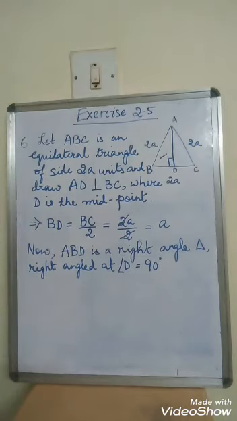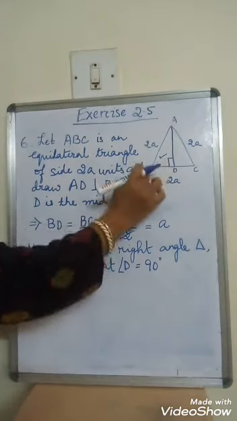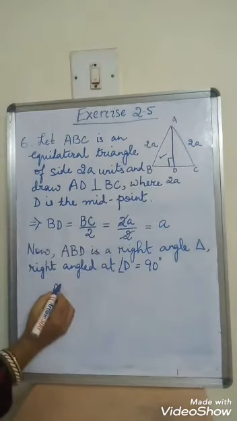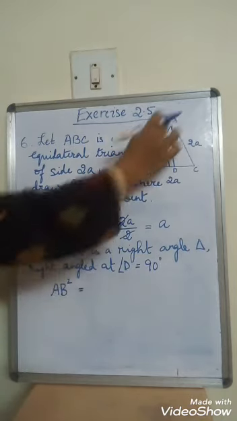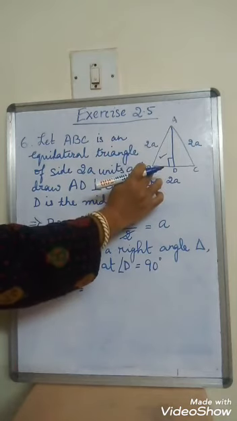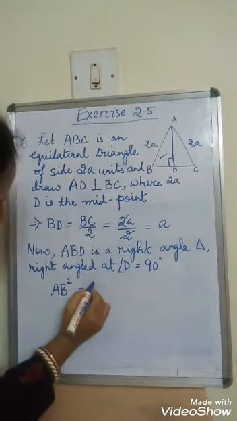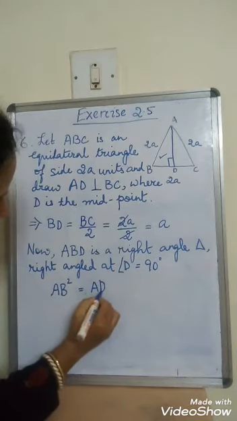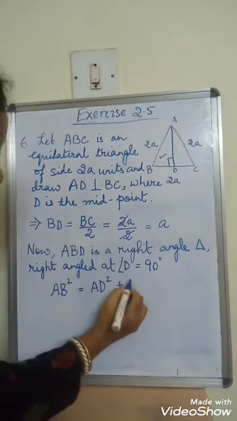So now taking the Pythagoras theorem, we have taken triangle ABD only. Okay, so AB square, that is hypotenuse, is equal to AD square, that is perpendicular, plus base. Base is how much?